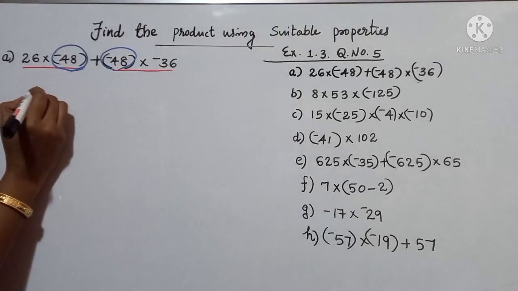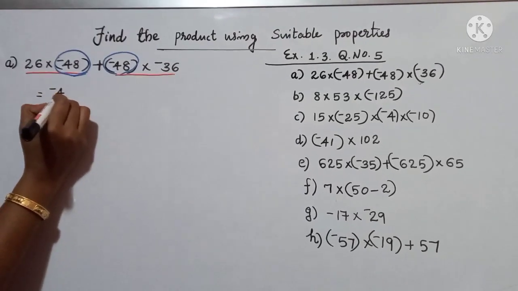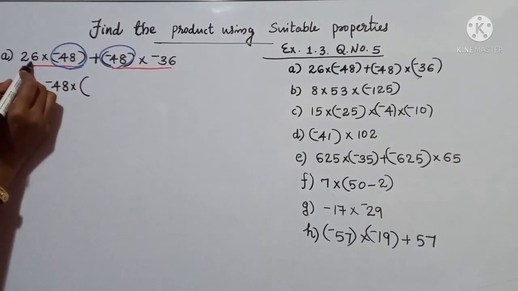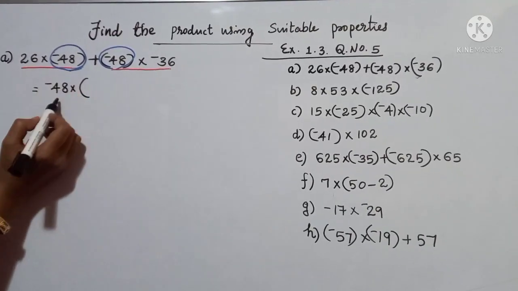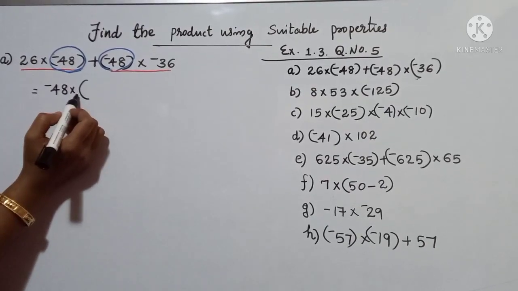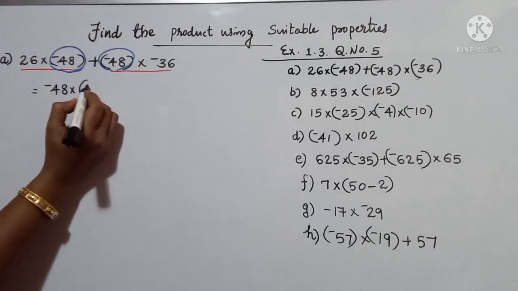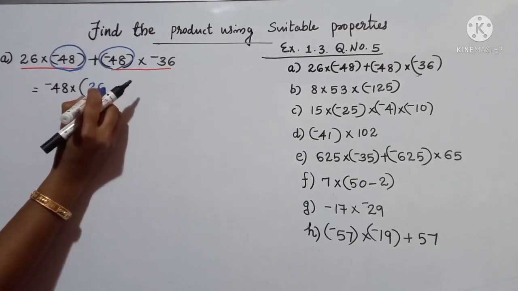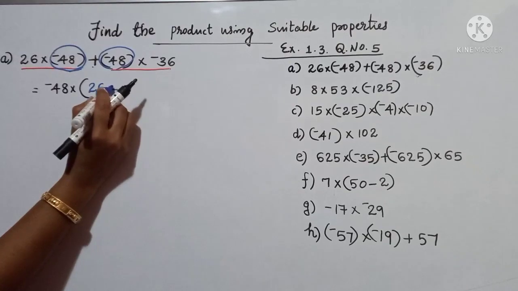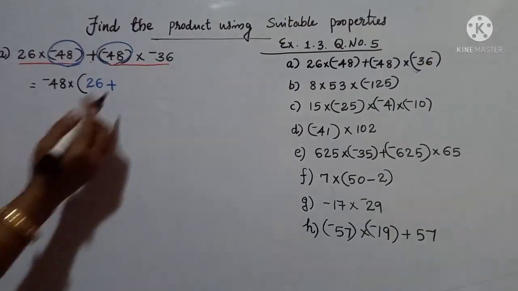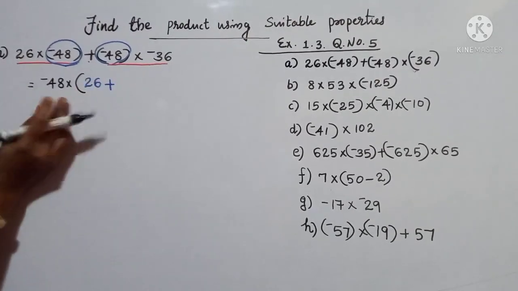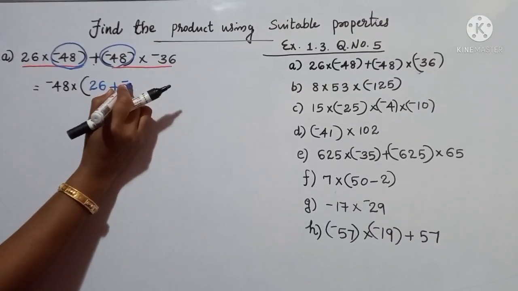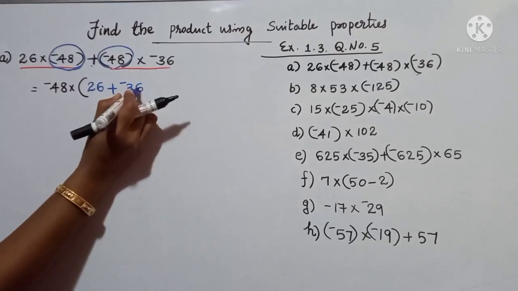That minus 48 we take outside and put a bracket and write 26. Then write the plus here, and what is left after taking out minus 48 is minus 36.